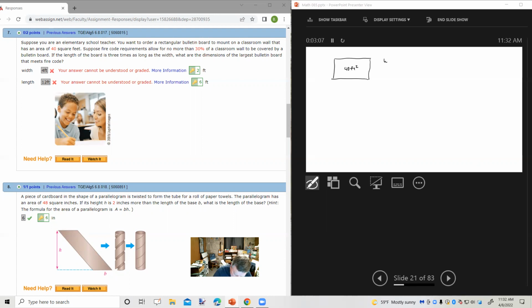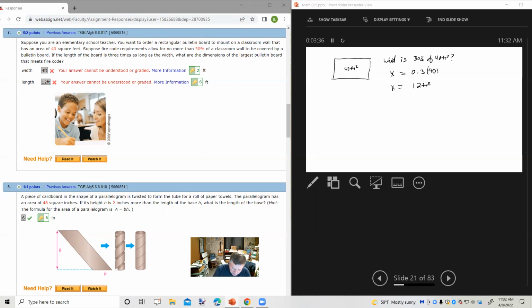So then the question becomes, what is 30% of 40 square feet, or what is 0.3 times 40? 0.3 times 40 would be 12. So the bulletin board can be 12 square feet. Any question how I got that?